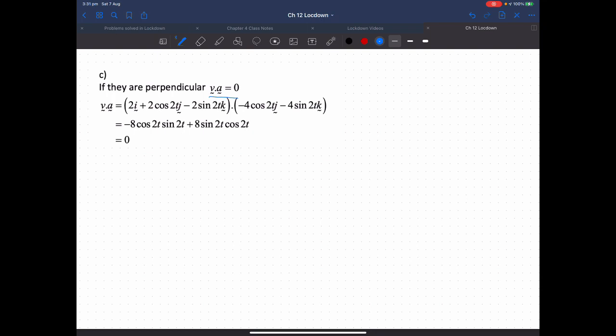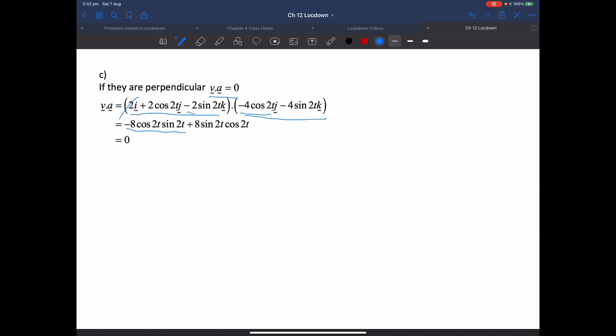So now I've written down vector v dot vector a. Looking at that, there is no i component with acceleration, so the dot product for that component is 0, so it's gone away. So the 2i is of no use to us. 2 cos 2t times minus 4 cos 2t is minus 8 cos 2t sine 2t.